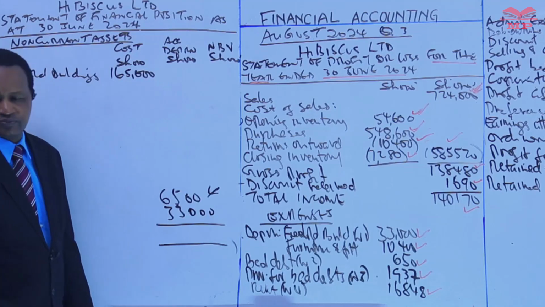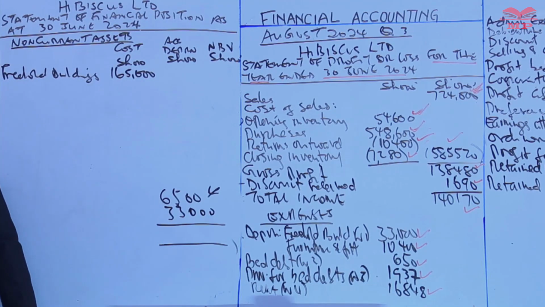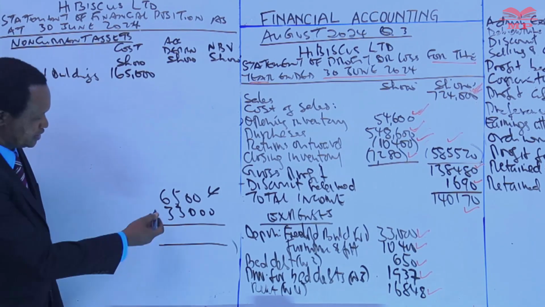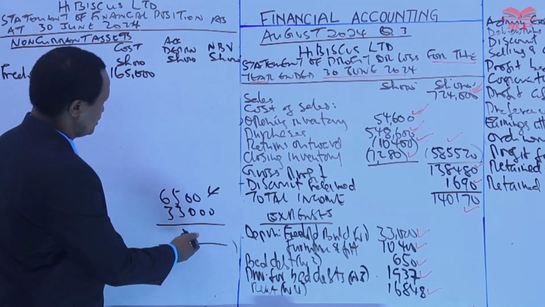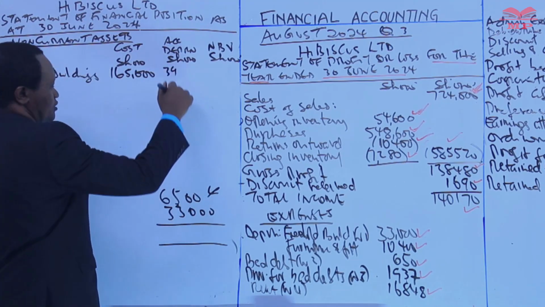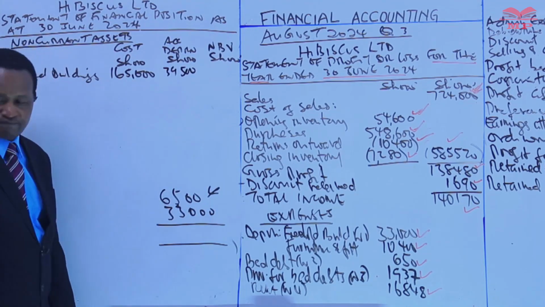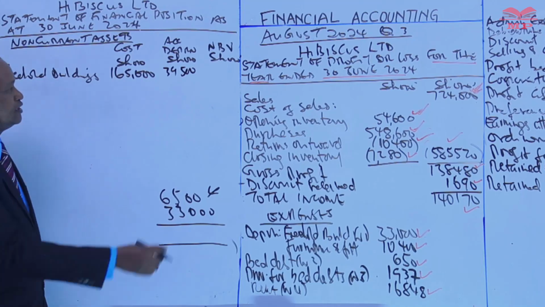What is the total? 33 plus 6.5 is 39.5. Then get the net book value.